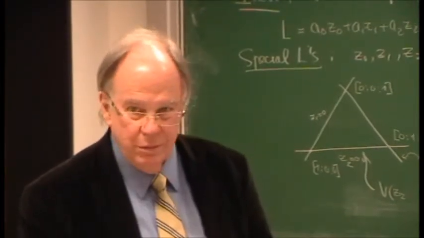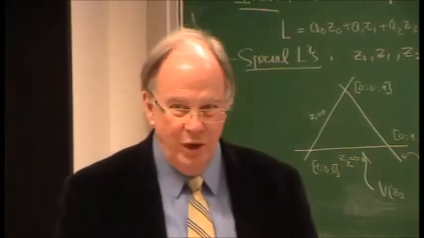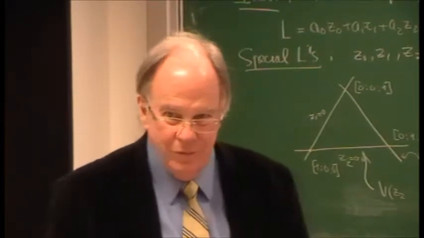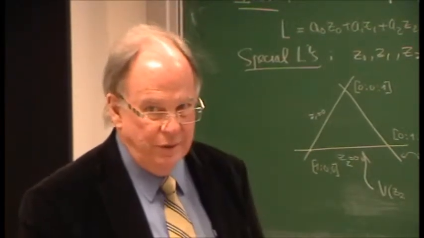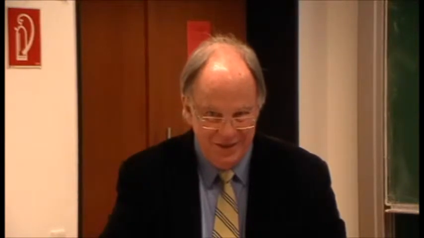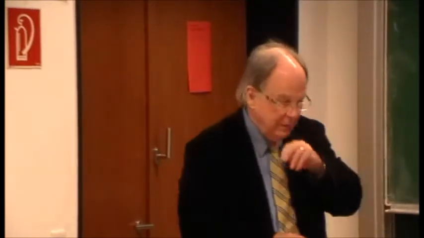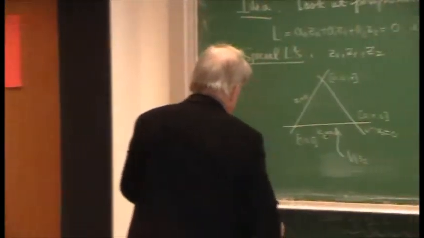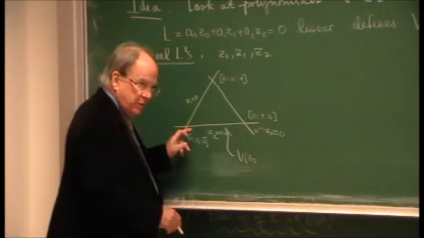No. If you take three lines in C3, they all go through the origin, that's what you're saying. But I forget that 0, 0, 0 doesn't exist. That's right. So there exists, just here in projective space, one point.